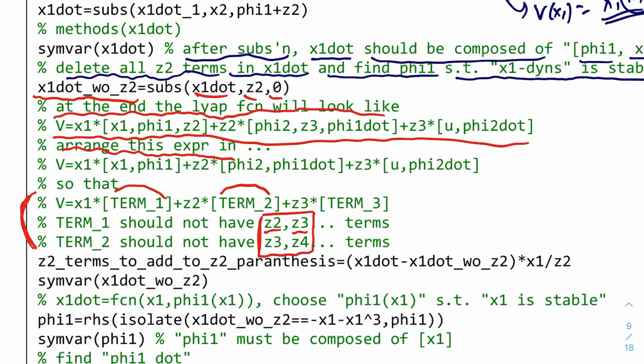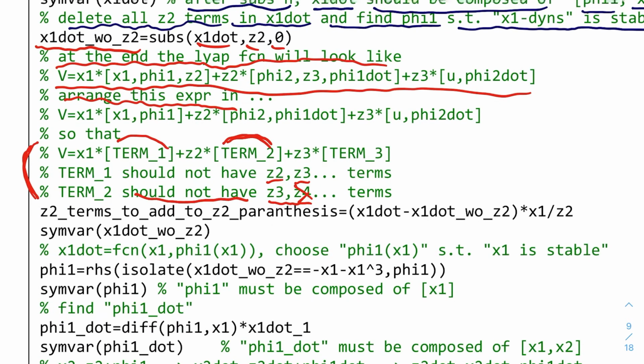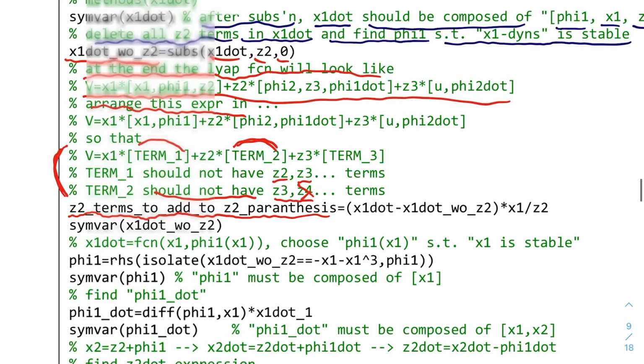There is a pattern here. Term 2 shouldn't have z3 and z4 and so on. Since we are dealing with three-dimensional systems, we can ignore z4. And z2 terms are added to the z2 parentheses.